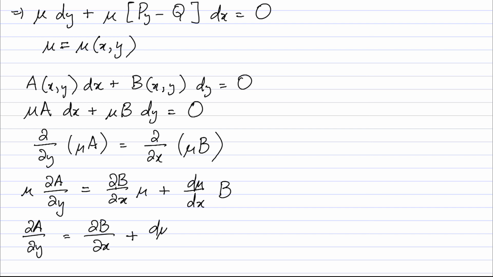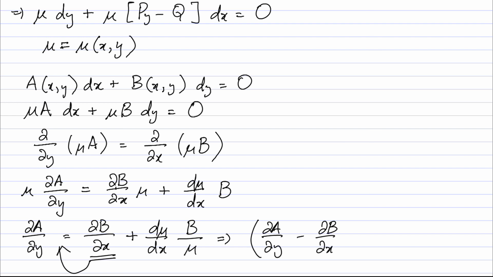plus d mu over dx times b over mu. Then I'll multiply both sides by dx, and I'll take this thing to that side, so I have partial a with respect to y minus partial b with respect to x, and then dx is equal to b d mu over mu.